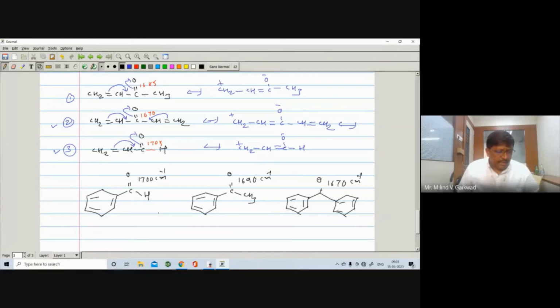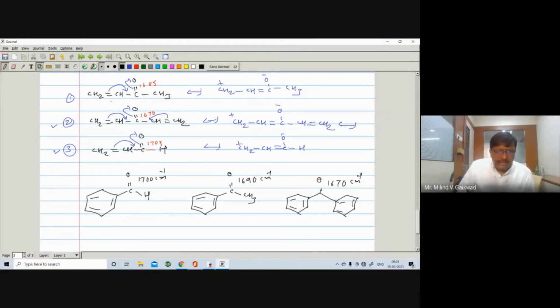So you see that with more crowding, more steric hindrance, the vibrational frequency is lowered. So the more the steric hindrance, the lower the vibrational frequency. We can see it in this way also. Okay.